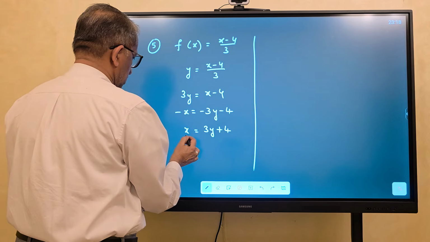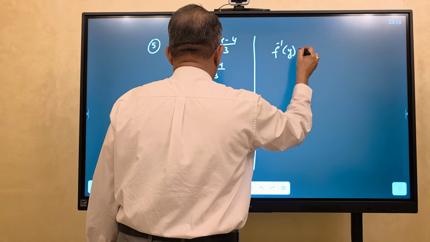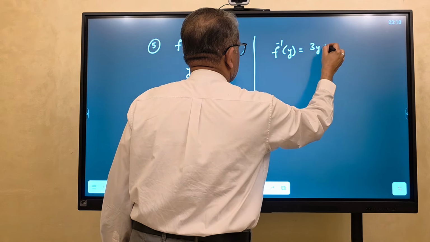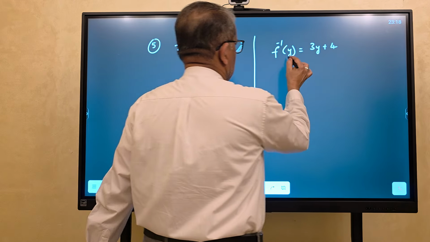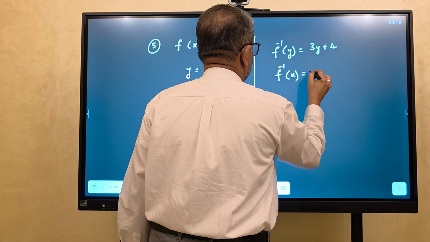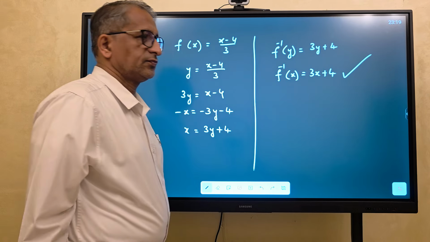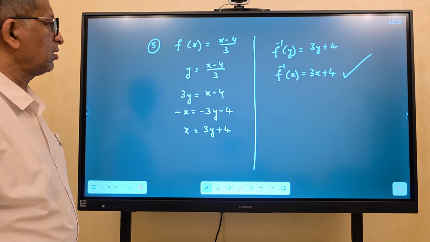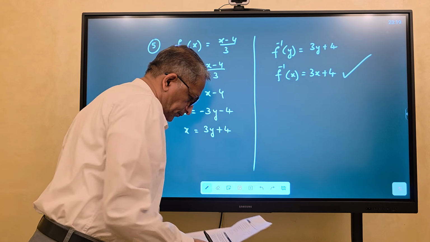Third step, replace: f inverse y equal to 3y plus 4. Change y to x. f inverse x is equal to 3x plus 4. Answer. That is how we solve, that is, we find the inverse of a function.